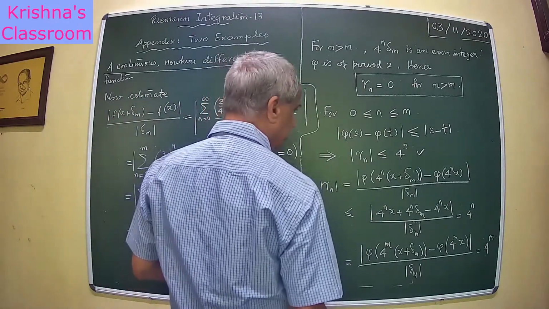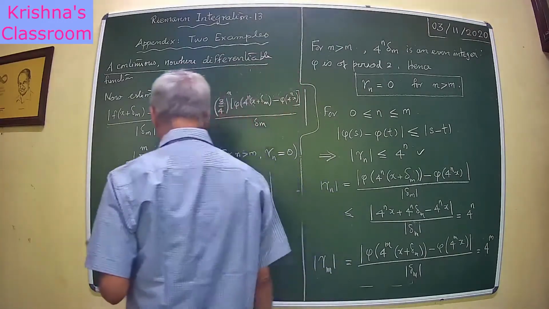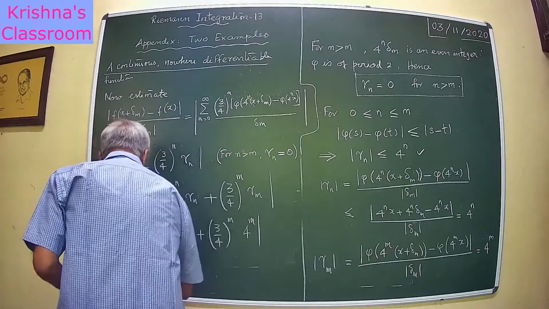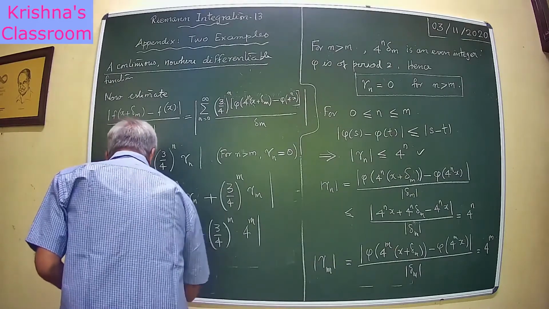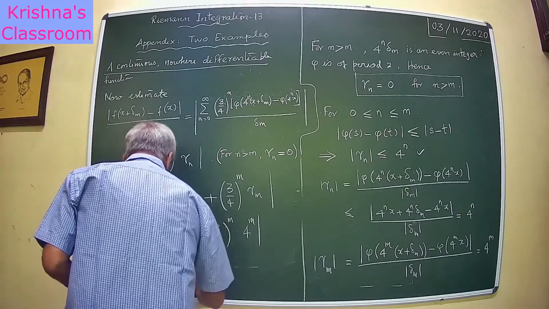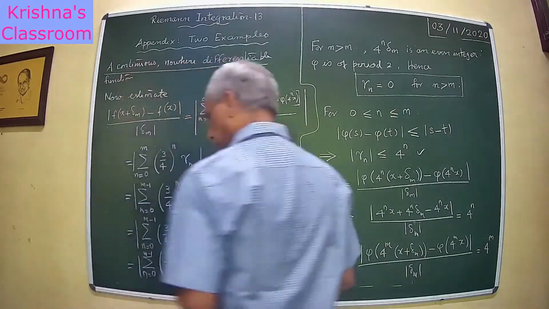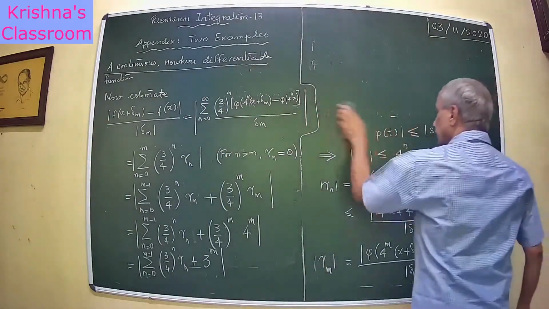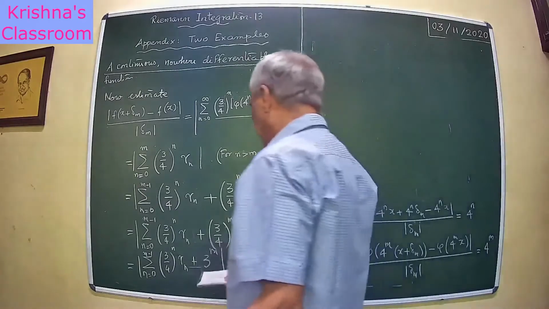Gamma m is 4 to the power n. Sigma can be written as 3 to the power m minus this.